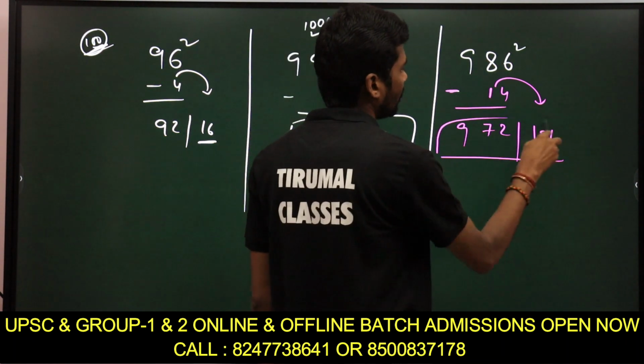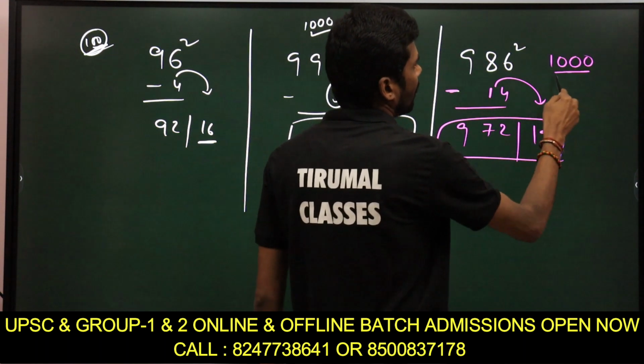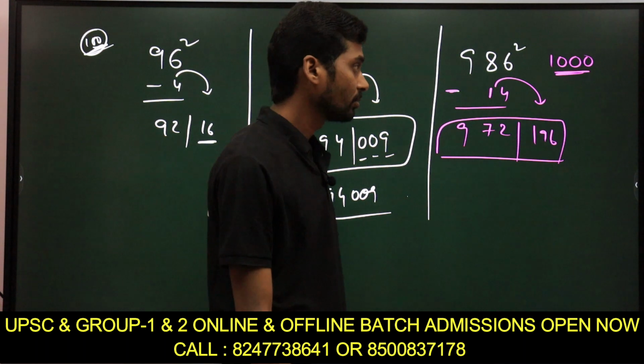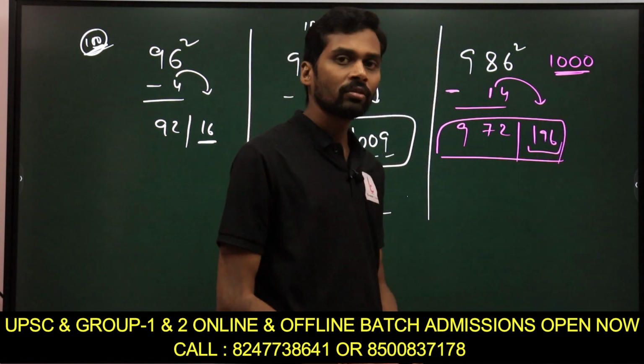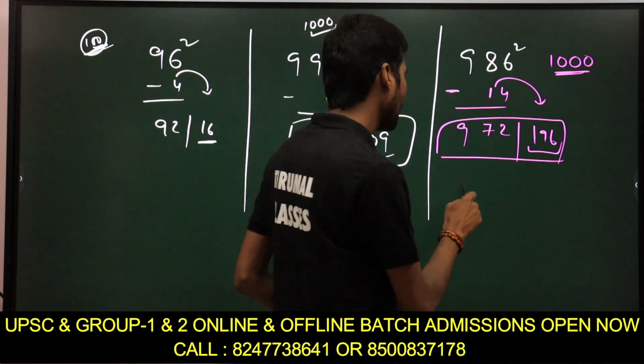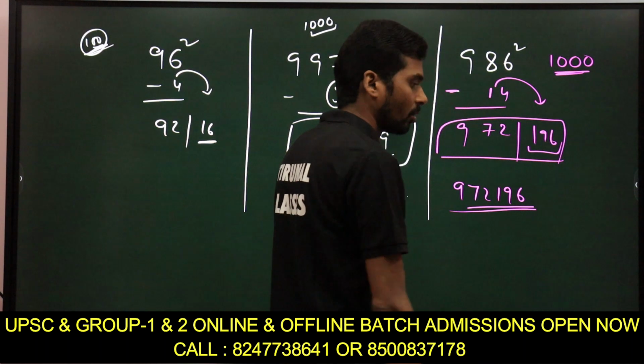So the final answer is 972196. What is the nearest base value? 1000. How many zeros do we have? 3 zeros. That means that I should have 3 digits in the right side part, which I already have. So we don't need to disturb the final answer. The final answer is 972196. Okay, is it clear?